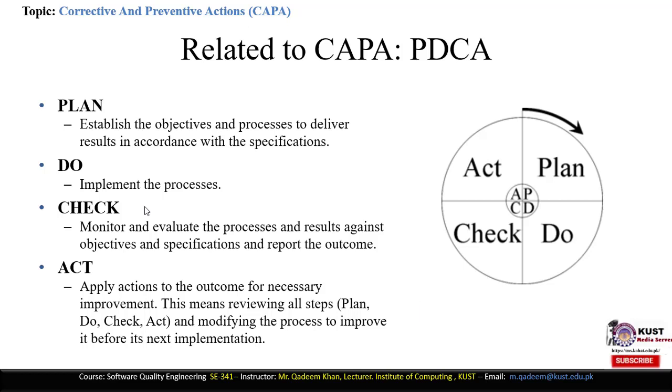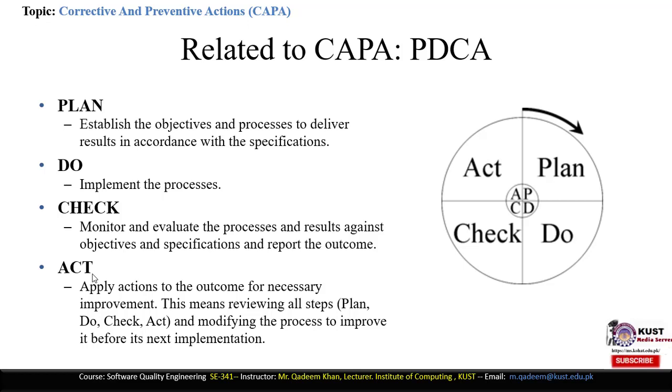The next one is called the act. In the act, we will apply certain actions for the necessary improvements to the outcomes. That means if we want to improve the process, in the act section we will take certain steps to improve the methodologies for software development.